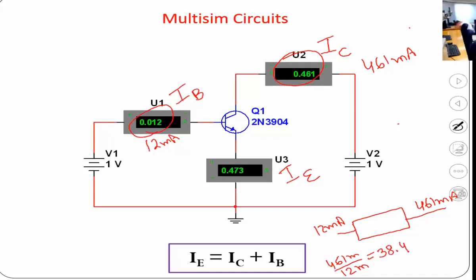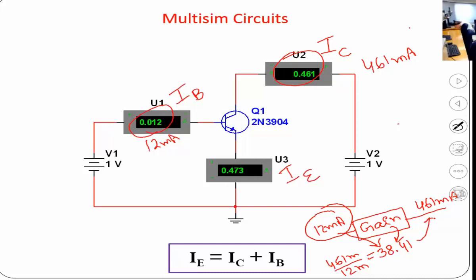So this circuit has a gain of 38.41, meaning the input current will be amplified 38.41 times, and then you will get your output current.